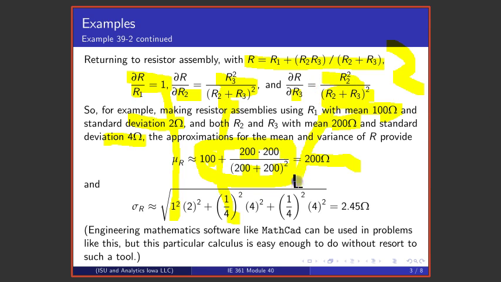One takes this formula for the partial derivative and plugs in R2 and R3 and squares it, and then multiplies by variances, adds, and takes a square root to get about 2.54 ohms for a standard deviation of assembly resistance predicted by this kind of analysis.